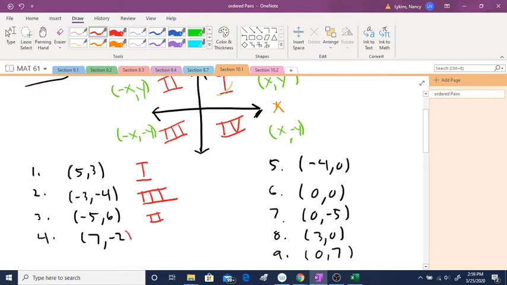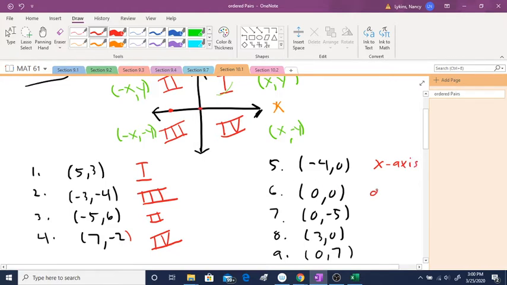Forgot my little parentheses right there. (7, -2), so that's positive 7, negative 2. That's in quadrant 4. Now let's look at (-4, 0). Negative 4, 0 is somewhere right in here. That's actually not in a quadrant. That is on an axis, which is the x-axis. (0, 0) is right here in the middle.